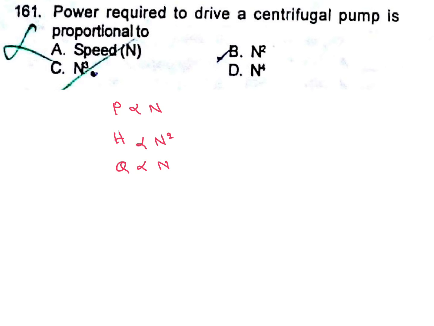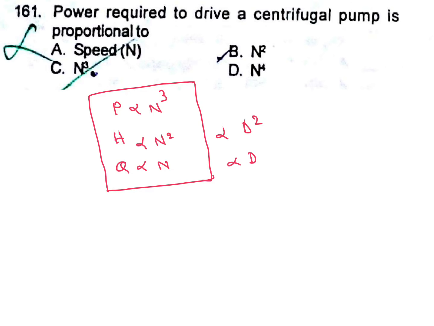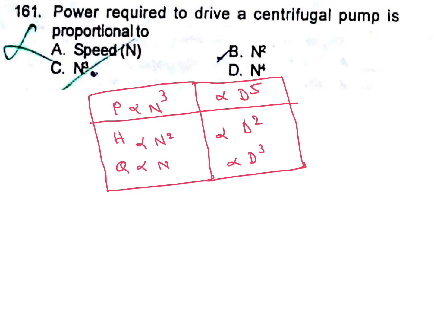All three you have to remember. And for diameter, D square, DQ, D to the power 5. This one also you remember. For problem solving, these formulas are very useful. So power required for power, this one you have to use. P is proportional to NQ. C is our answer.